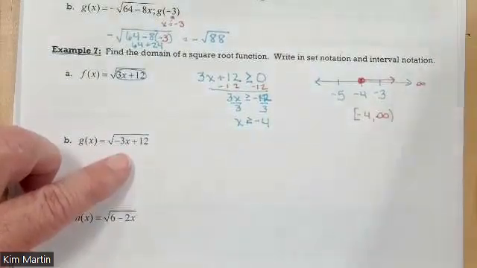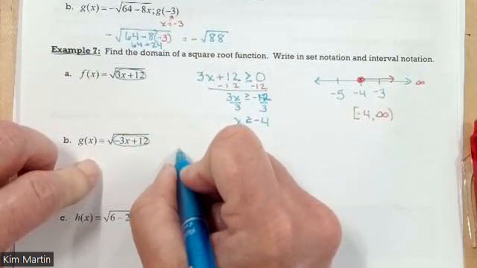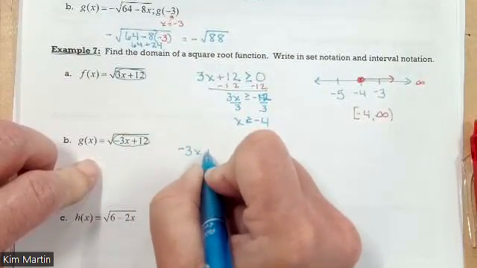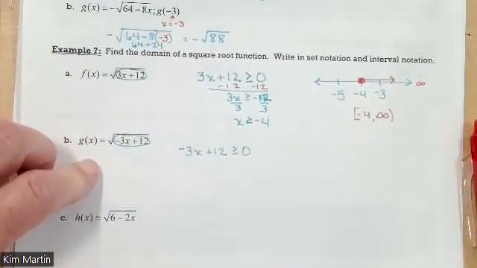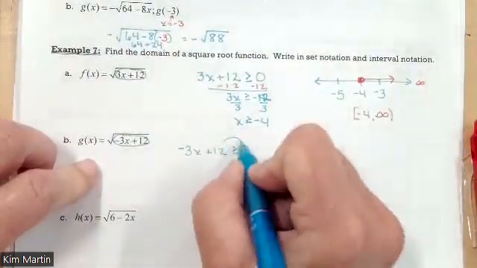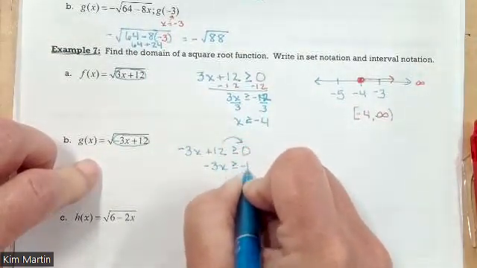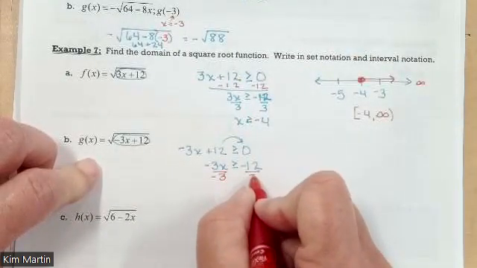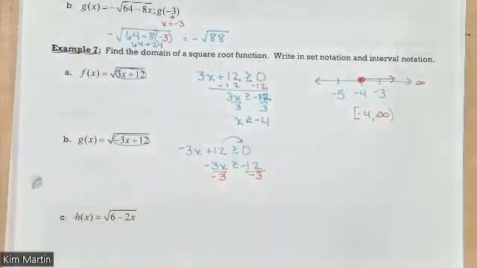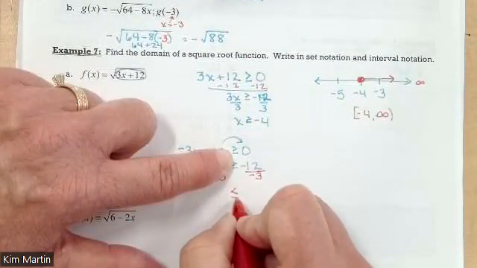Now, this one here, this whole thing has to be positive or 0. So you say negative 3x plus 12 is greater than or equal to 0. I'm going to take the 12 to the other side, it becomes negative. So I'm skipping that step. Now, divide by negative 3. Anytime you multiply or divide by a negative number, your symbol will switch directions.